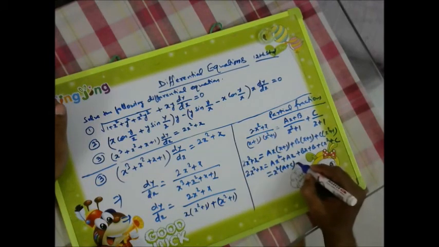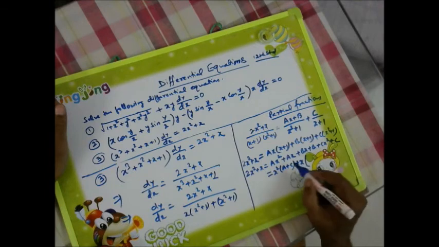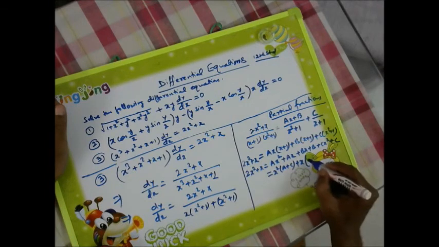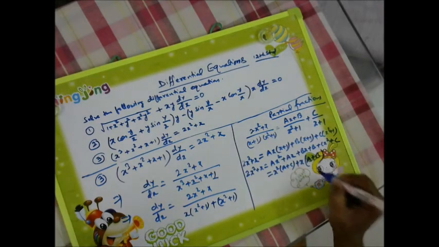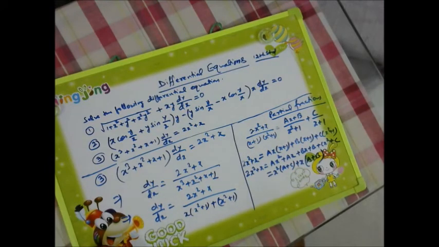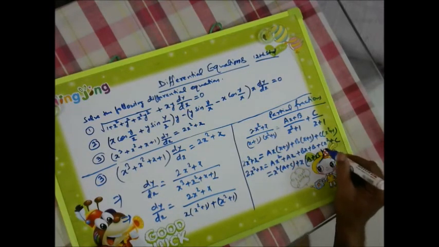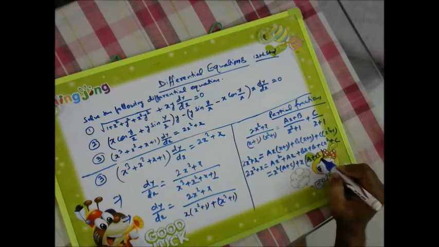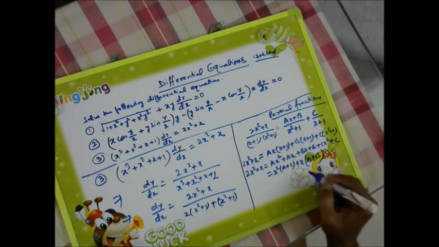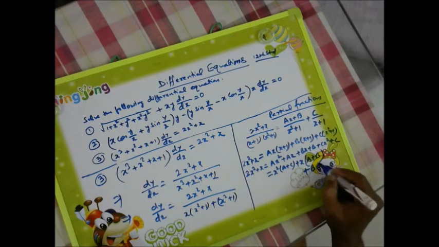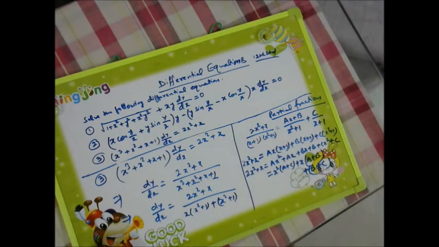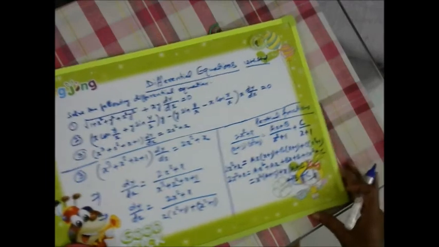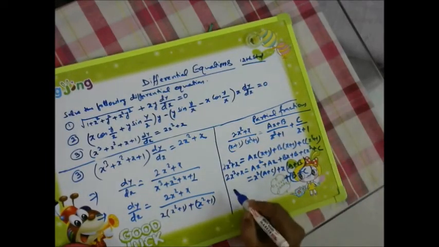Then x at one place, so a plus b. And then for constant, that is b and c, so plus b plus c. And here it is 2x square plus x.